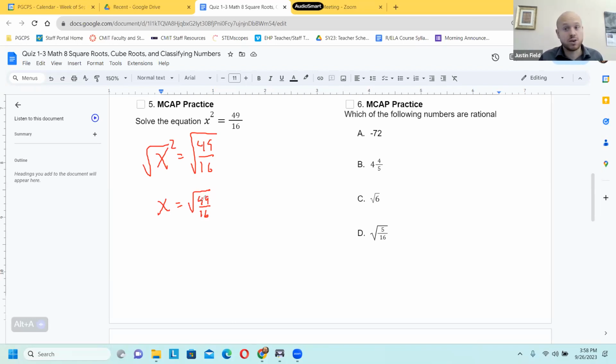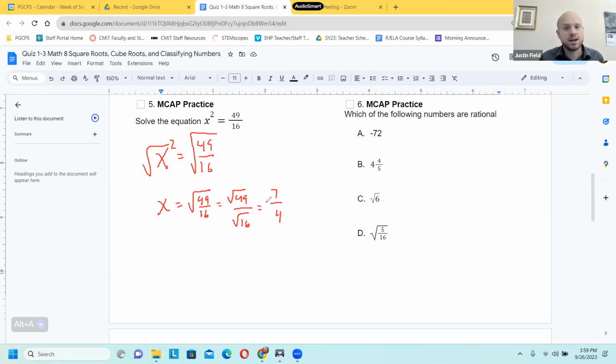But now I'm going to show you, in case you didn't know how to square root a fraction. In order to square root the fraction, we square root the top and we square root the bottom. And the answer is 7 over 4.